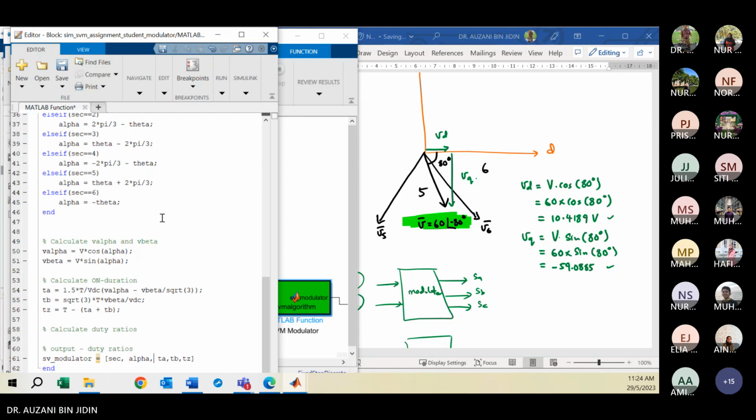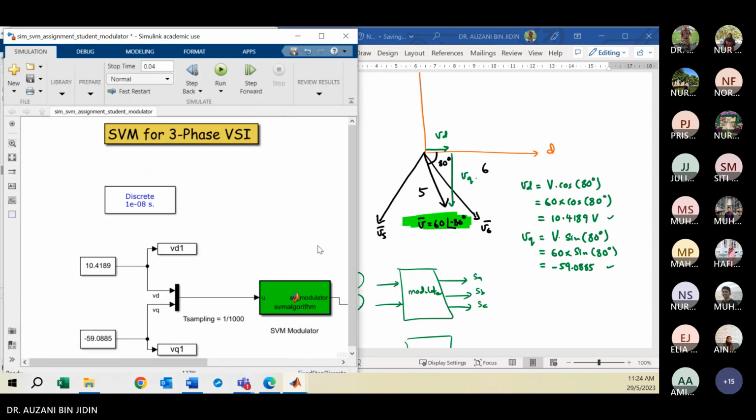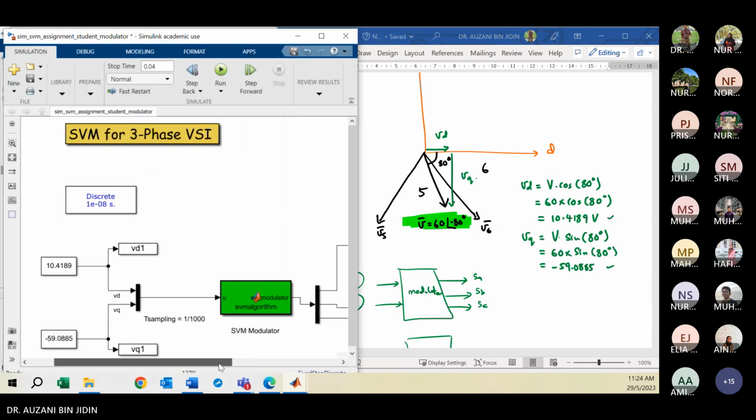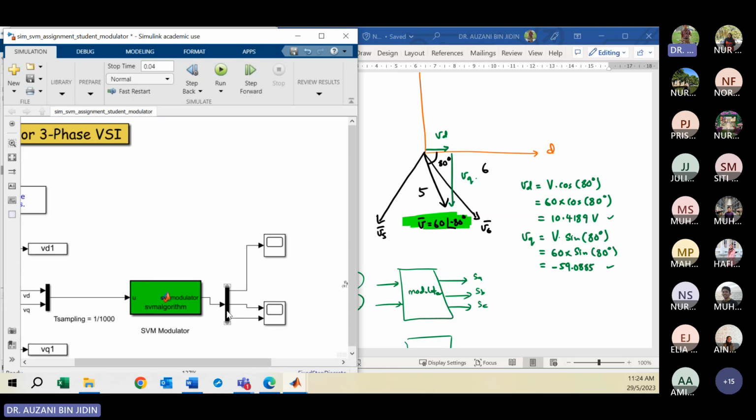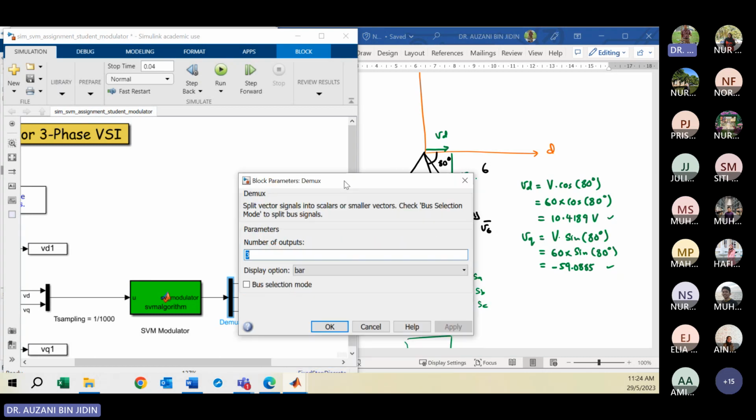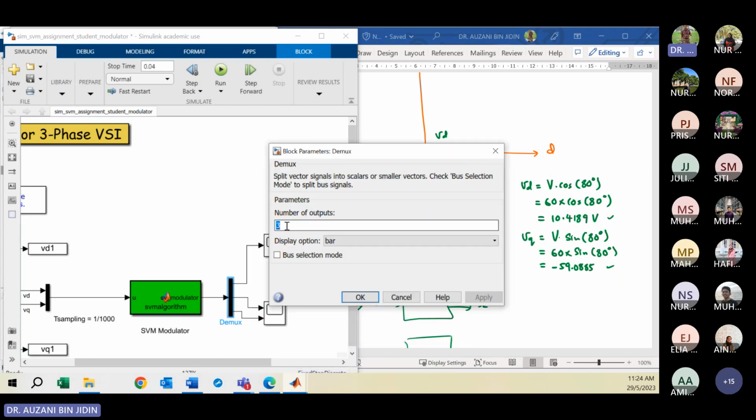So you have 5 outputs, right? Then from here, you need to double click the Dmax box. A single input, multi output. Then you can double click to change the number of outputs. So now you have 5 outputs.